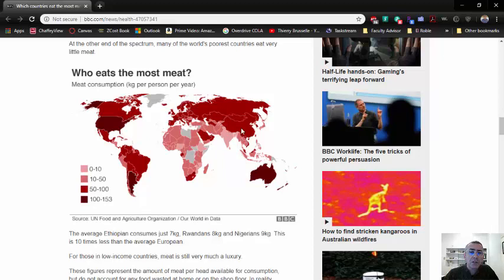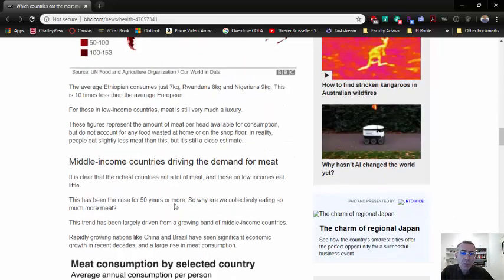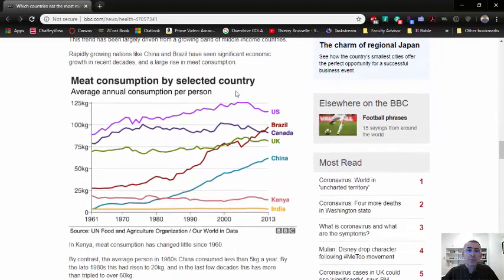Russia over here, China, definitely not the same level of meat consumption as we are, right? Australia, of course, another, again, the United States, Australia, and Argentina, very big meat consumers.